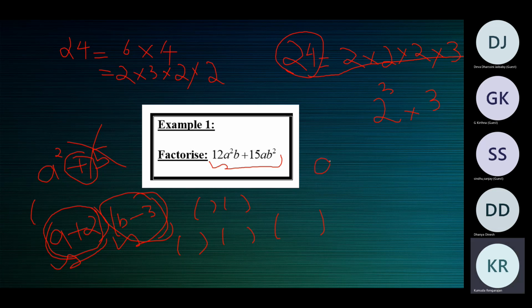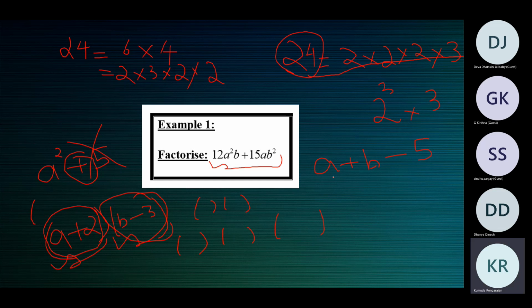So if you say, I factorized and I've got a plus b minus 5, no, this cannot be the result of factorization.